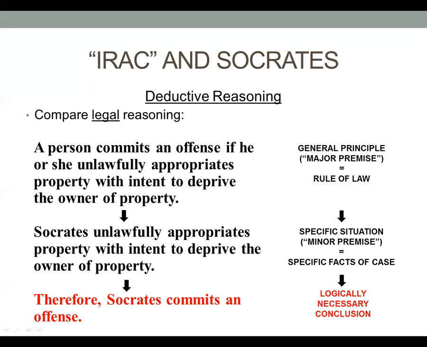So legal reasoning essentially is a deductive, and more specifically, a syllogistic reasoning process to arrive at a logically necessary conclusion. You are arguing from a general principle by applying it to a specific fact to reach a logically necessary conclusion, meaning the conclusion has to be true if the first two premises are true.